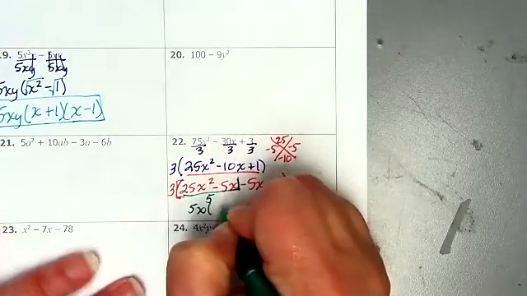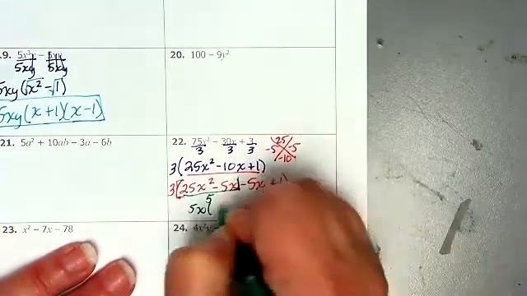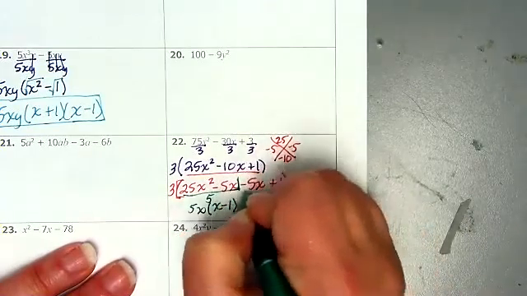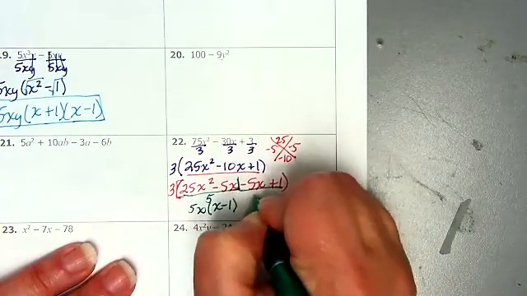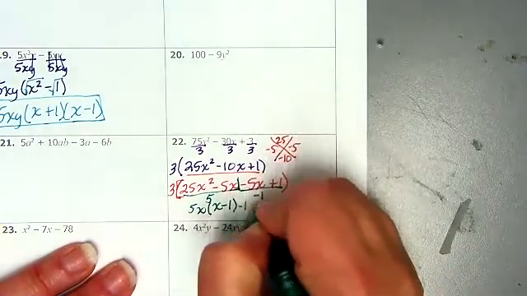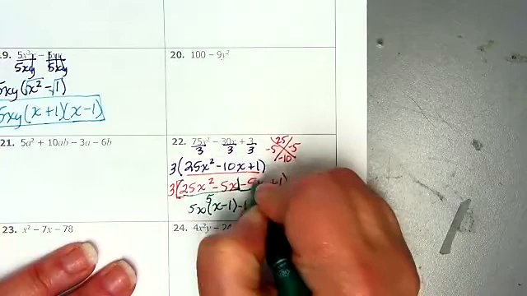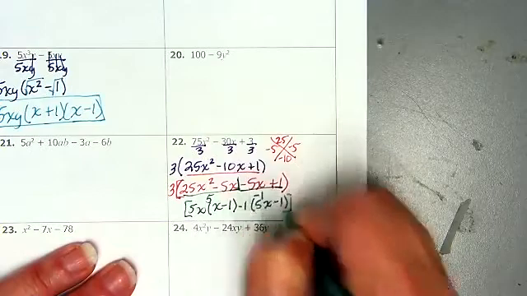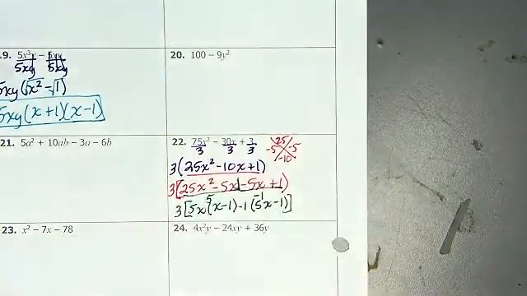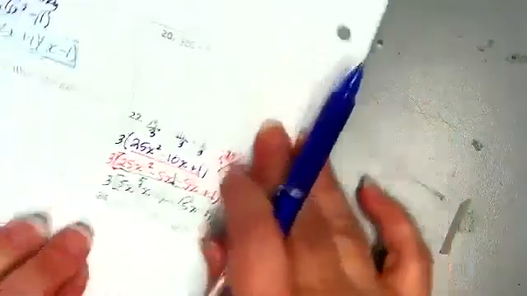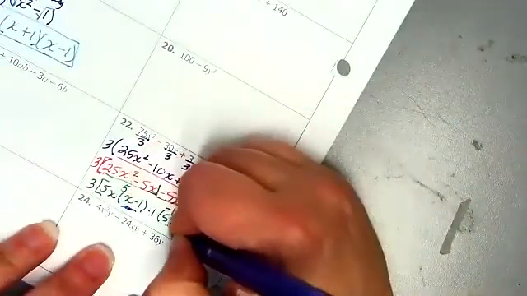And then I'm going to be left with X minus 1. And then over here, I'm going to factor out a -1. And the reason for that is because I want to end up with X minus 1. So when I factor out a -1, I have a positive 5X minus 1. And remember, all of that has this GCF of 3 on the outside.